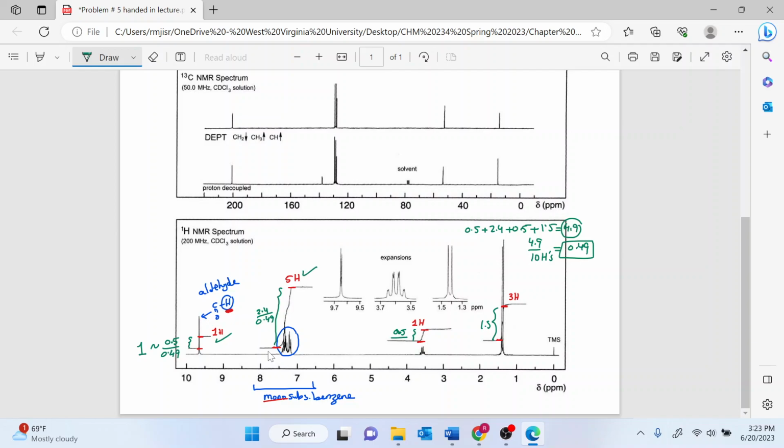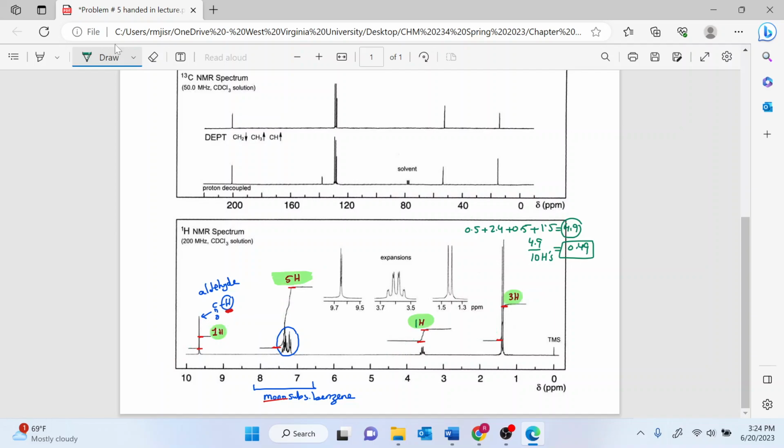And this one is going to be 0 divided by 0.49, and this one is going to be 1. And then you can take 1.5 and divide it by 0.49, and that is around 3 hydrogens. So this way you can get the number of hydrogens that correspond to every single peak.